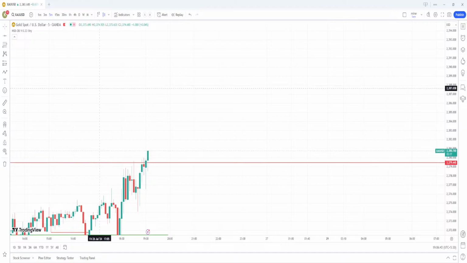There the breakout happens, but still I'm not going to take this trade.